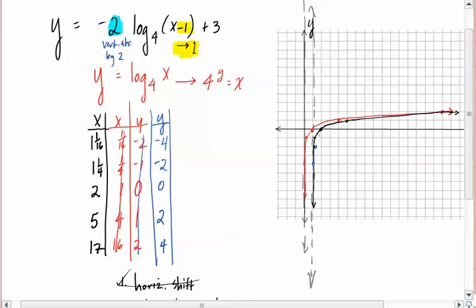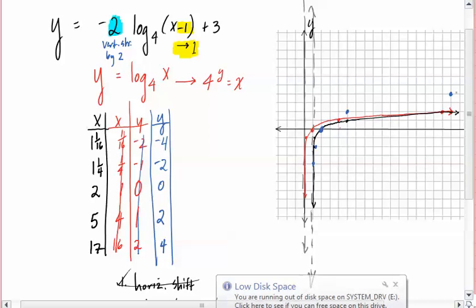There's that. Over 2, up or down 0. Remember, a stretch or shrink does not move it from the x-axis if it's sitting on the x-axis, or whatever point is on the x-axis. Okay, over 5, 1, 2, 3, 4, 5, up 2. Okay, and then over 17, up 4. So it was that, now it's that.